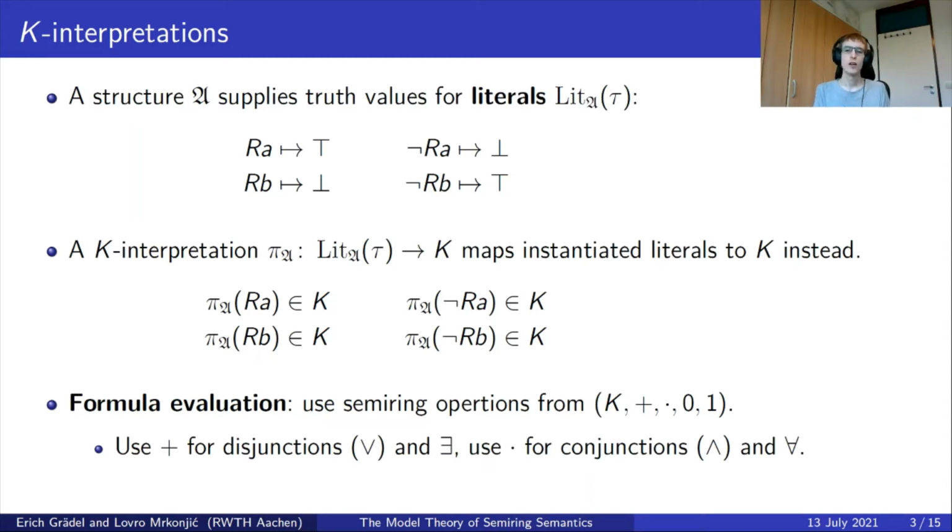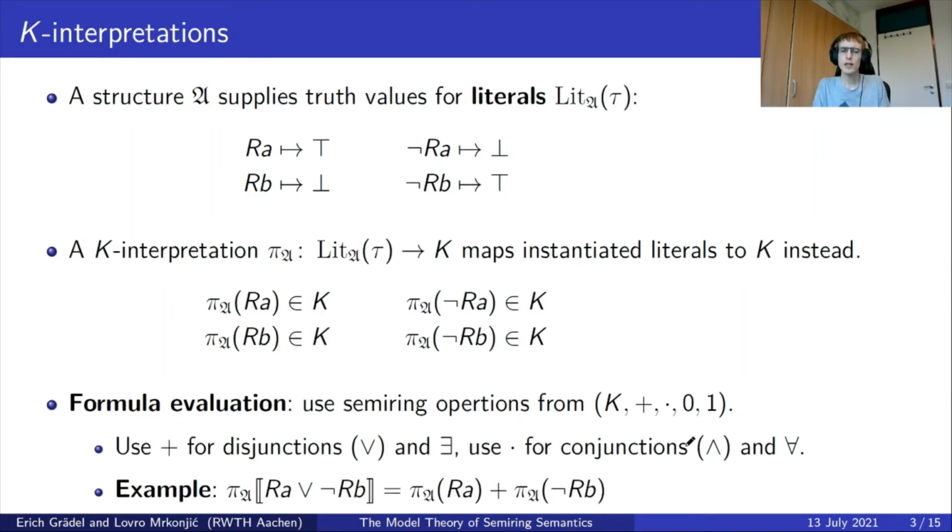So we use summation to interpret it as well. And we use multiplication to interpret universal quantifiers. Now, for example, if we wanted to interpret the formula RA or not RB under some K-interpretation, then we would get the value that the literal RA is mapped to plus the value that not RB is mapped to as our final result.